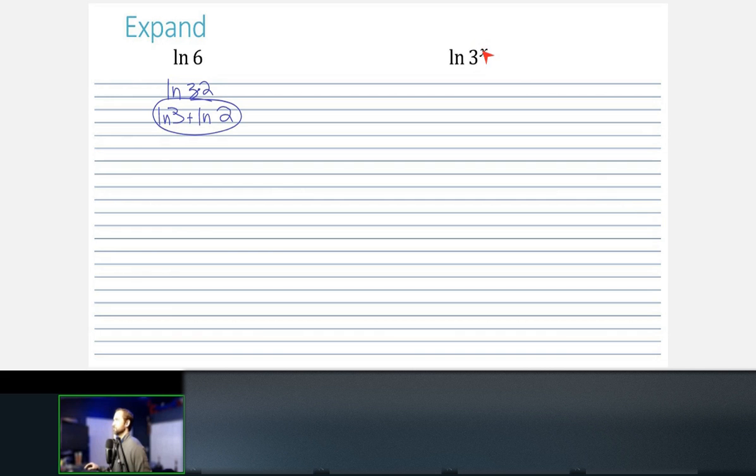So all we can do is just move this x in front. And that's it. There's nothing else we can do to that problem. So it's already expanded. So again, your final answer should have no exponents, and the numbers in your logs and natural logs should all be prime. The number in front, the coefficient, it's possible it won't be prime, and that's okay. We just care about the numbers in the logs.